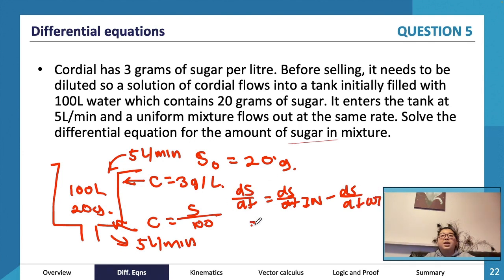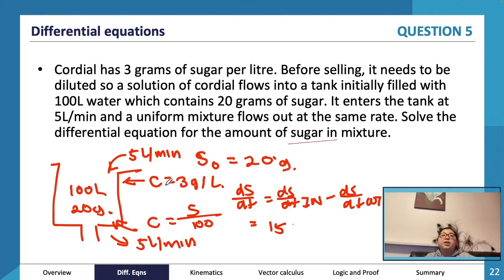So in terms of your dS/dt in, it's going to be 3 grams times your 5 liters. So it's going to be 15 of these grams that go in per minute, right?